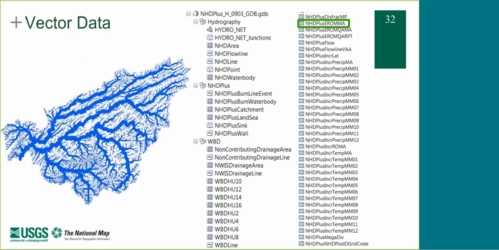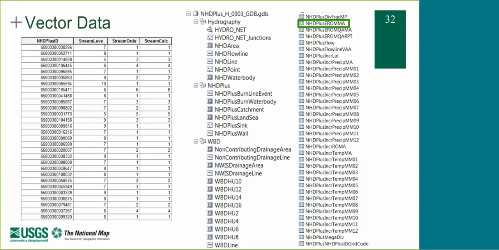So the first one that I prefer to use on a fairly frequent basis is the NHDPlus EROM table. So what this does, this is our enhanced runoff model, and it gives flow estimates for almost every single high-resolution NHD flow line feature. And if you look at this graphic on the left, this is actually depicting the flow lines symbolized with those flow estimates from that model.